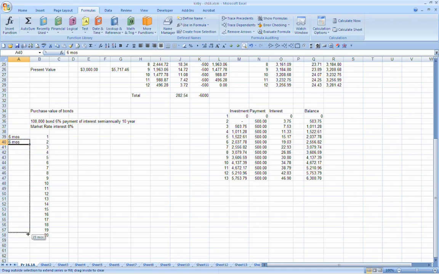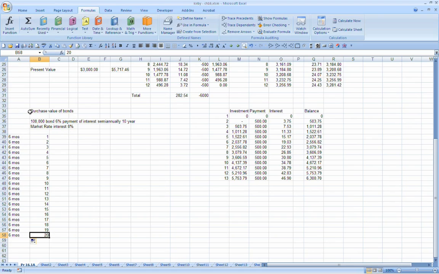So you've got 20 periods of 6 months. So it's 6 months from the date they sell to the first payment, 6 months from the first payment to the second payment, 6 months from the second payment to the third, and so on, until you end up with 10 years later you make the 20th payment, but they were paid every 6 months, so there's really only 10 years that go by, right?